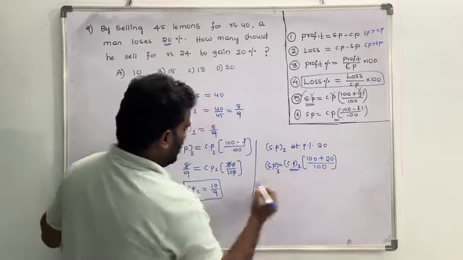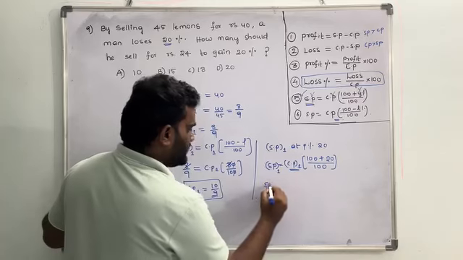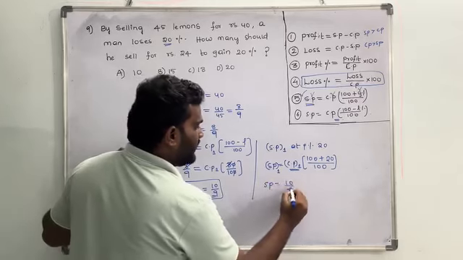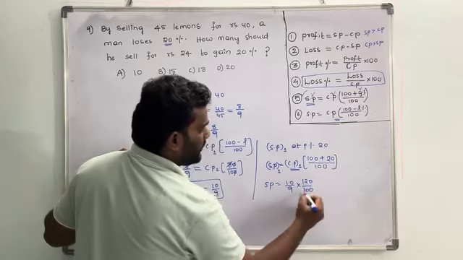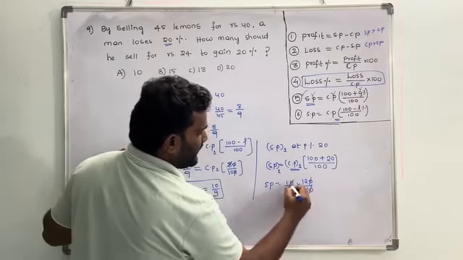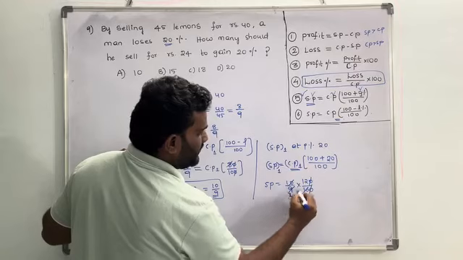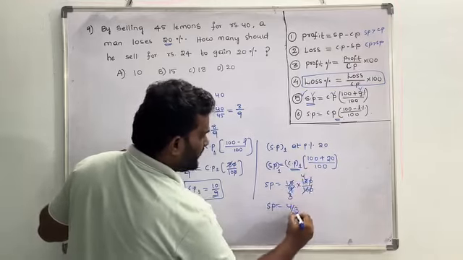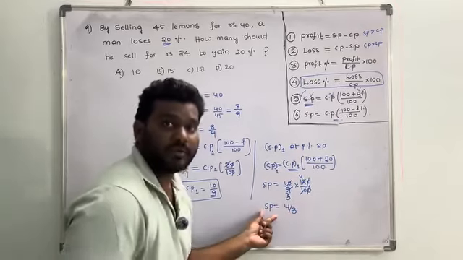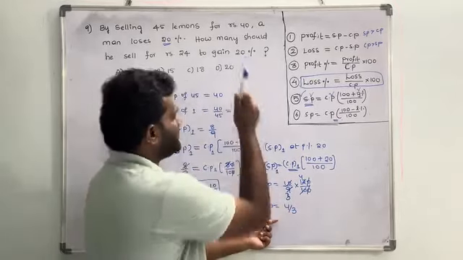The cost price of 1 lemon is 10 by 9, so selling price is equal to 10 by 9 into 120 by 100. If you calculate this, 10 and 10 cancel, 3 threes are 3, 4 by 3. So the selling price is equal to 4 by 3. This is the selling price of only 1 lemon at a 20% profit.